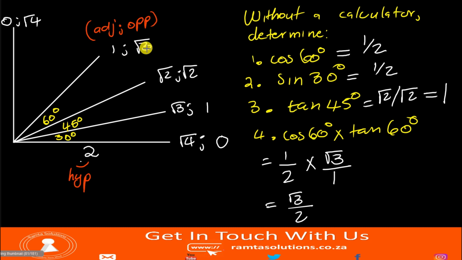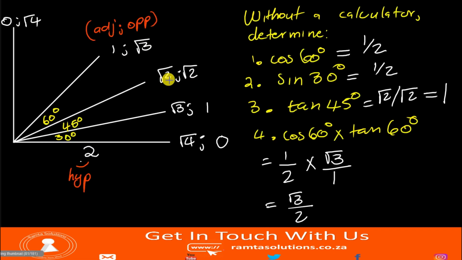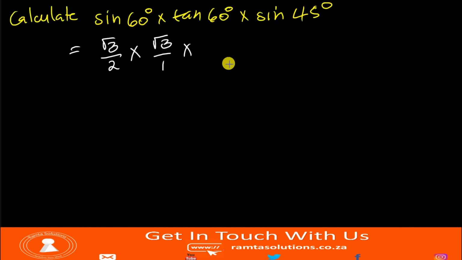Tan is opposite over adjacent, which is root 3 over 1. Now sine 45 degrees. This is the 45 degrees line. Sine is opposite over hypotenuse, so this is root 2 over 2.